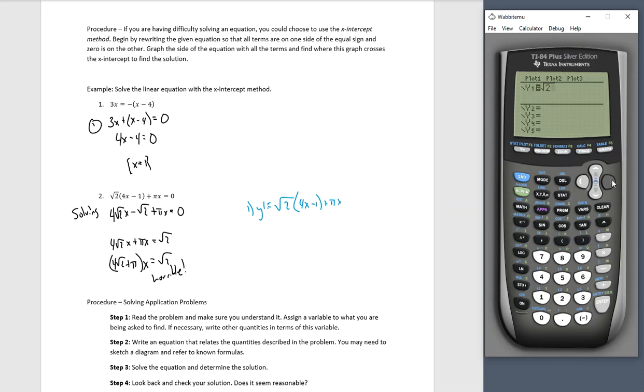Square root of 2, come out of the radical, parentheses 4x minus 1, plus pi x, using the second function of the caret, the up arrow. If I graph this, somewhere close to 0, let's calculate the actual 0. You should hit the right button though. I'm going to go down to 0 before I hit enter. Left bound, right bound, bad guesser, and I have a nice decimal approximation.